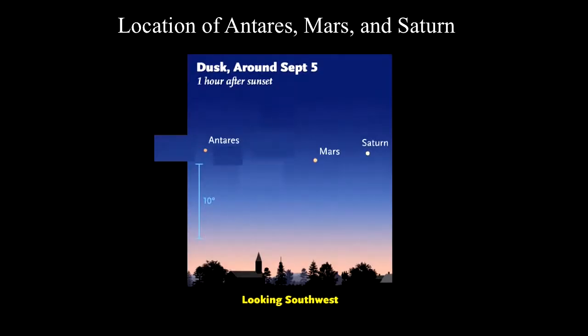Now, if you look carefully, you might see some fainter stars, especially after it gets darker around 8:30 or 9 p.m. You might see some fainter stars around here, these 3 here. That's Alpha Libra, Beta Libra in the constellation Libra. This is Beta Scorpius, Delta Scorpius.